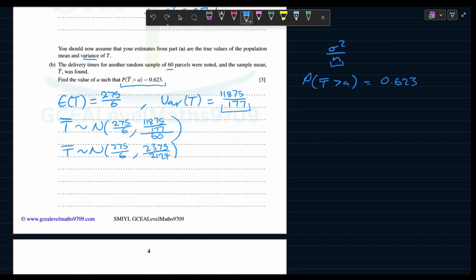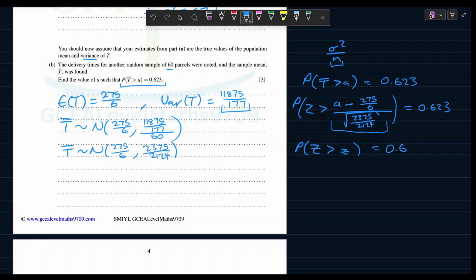So if we standardize, we'd have that the probability that z is greater than a minus our mean, which is 275 over 6, divided by the square root of our variance, square root of 2375 over 2124, and this should be equal to 0.623 still. All right, so I'm just going to replace this whole thing with a small letter z. And this is 0.623.